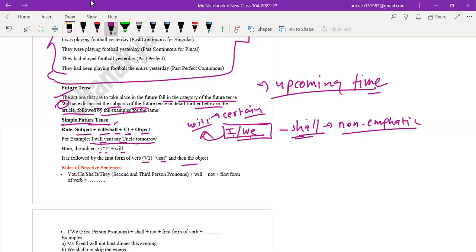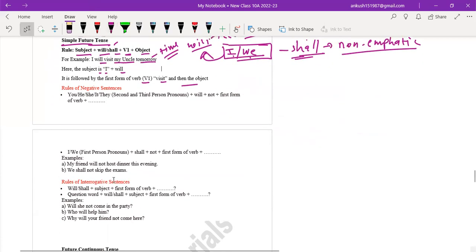Uncle is correct, but it is commonly an object. My uncle is the object here. And tomorrow is an adverb. It shows the time and it is called an adverb of time. Tomorrow. When? Tomorrow.